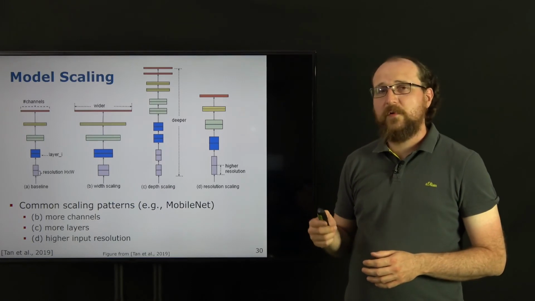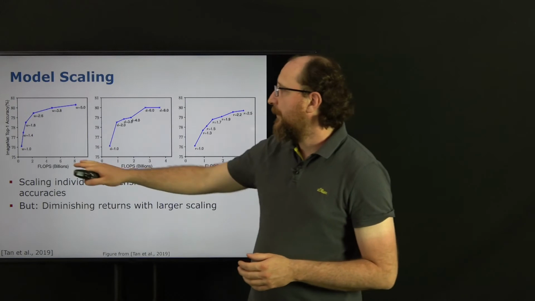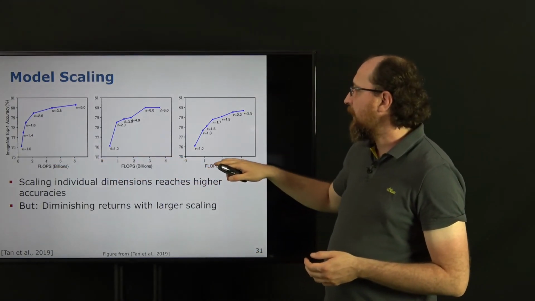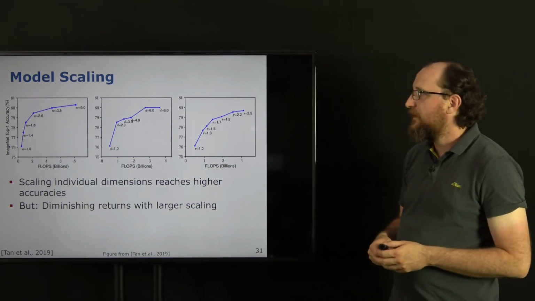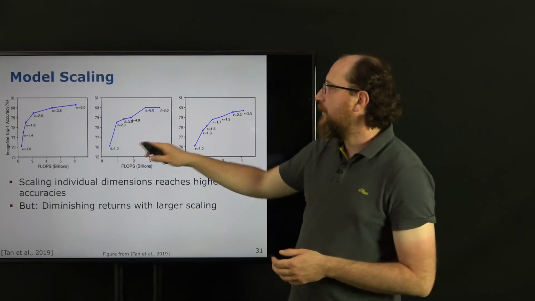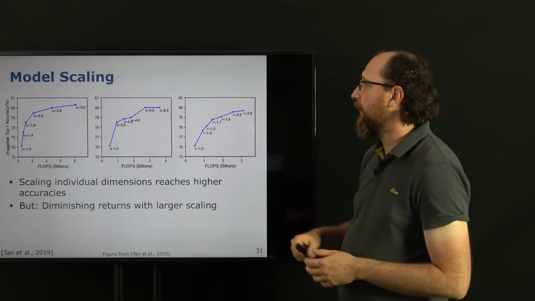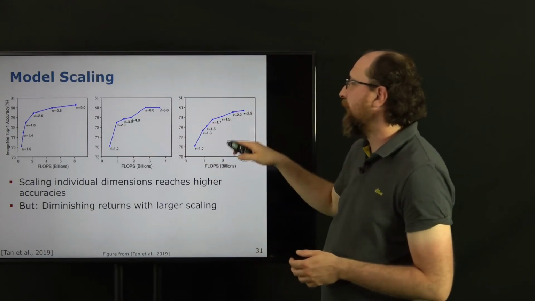But when we now look at the individual parts, so here the number of channels, the depth of the network, and the resolution that we are using as input, then you can see that the performance for each individual part is basically leveling off at a certain percentage of top 1 accuracy, something around 80%.